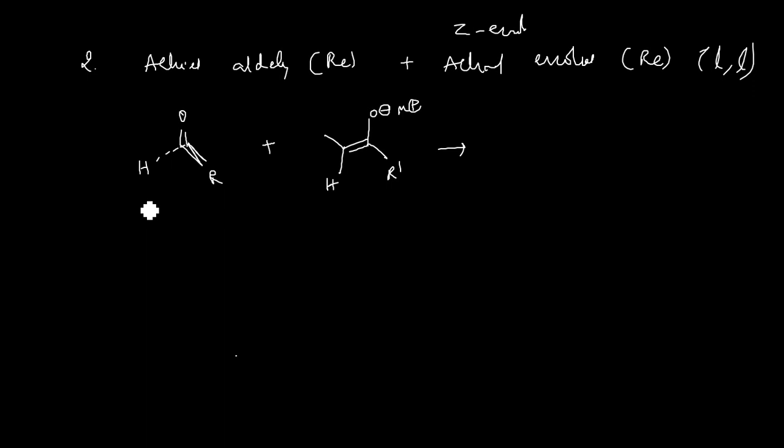Again, this is the aldehyde. It has two faces, top face and bottom face. The enolate also has two faces, top face and bottom face. So this top face is Re face and the bottom face is Si face.